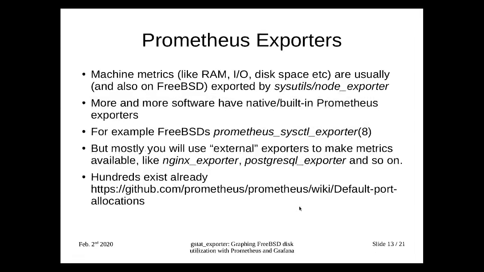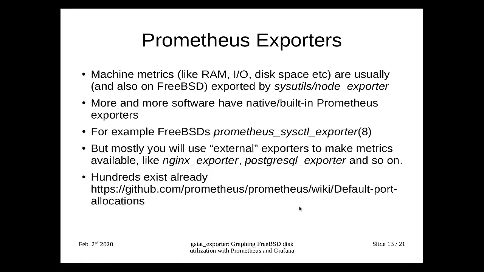Okay, so Prometheus connects to an exporter and gets fed metrics and ingests them. And these metrics are exported by exporters. Machine metrics like RAM and I/O and network traffic are exported by something called Node Exporter, which we have in ports, and it works well.